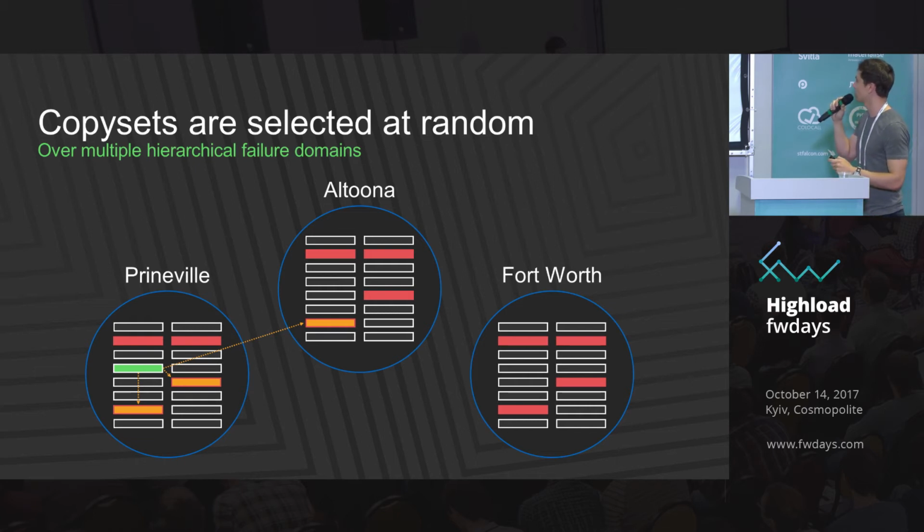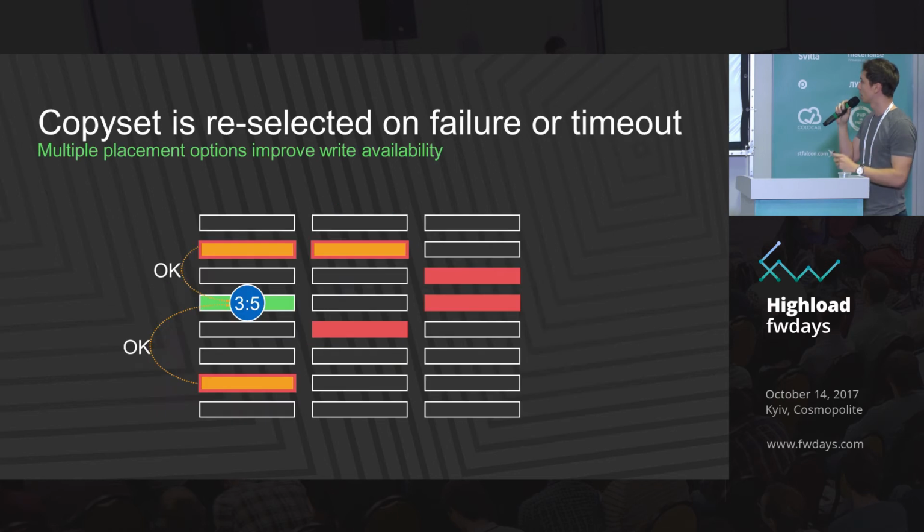So let's take a look at how we are dealing with failures. Let's say we're trying to save one particular record, epoch 3, sequence number 5, and one machine failed to store it.